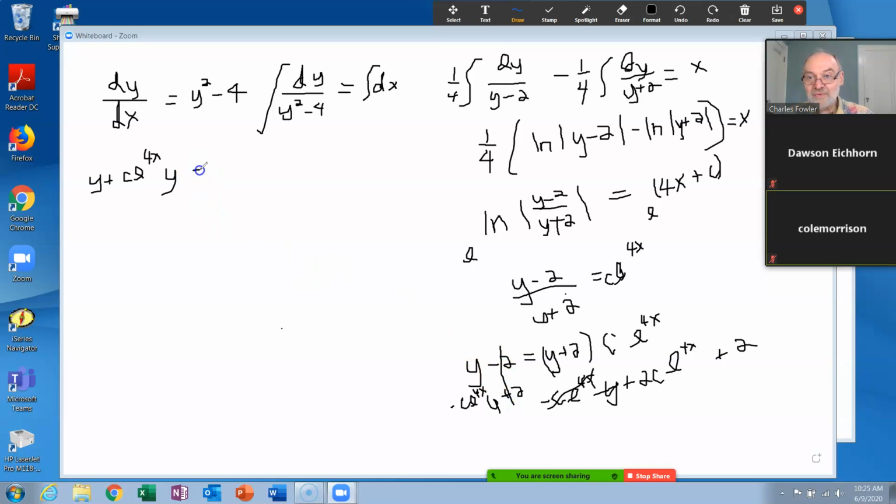And that's equal to 2c e to the 4x plus 2, which I could factor out the 2, and I think I will in the next step. So that's all that's left down here. 2c e to the 4x plus 2, because this one we subtracted away.